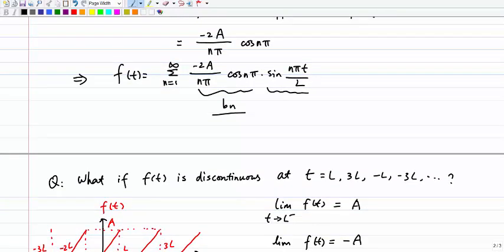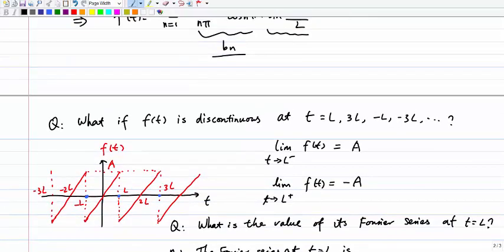The next question I want to talk about is, what if f(t) is discontinuous? Here, when I reach this point, L, negative L, or positive L, 3L, whatever, you have two values basically. When you approach negative L from the left hand side, it's going to be positive A, right?